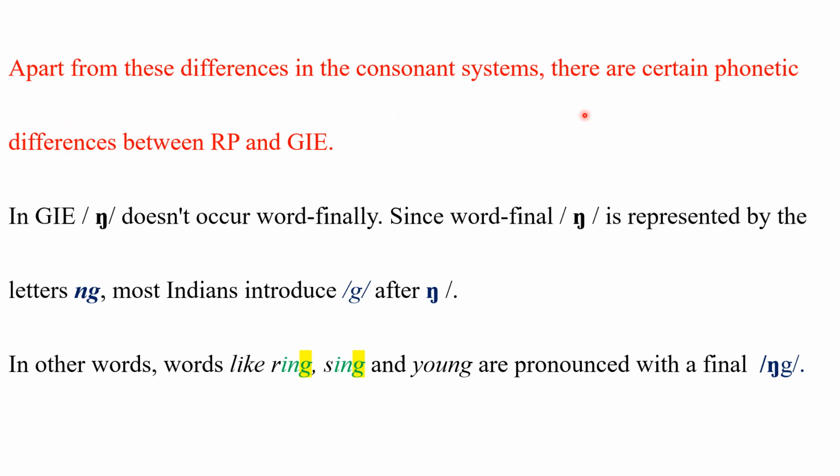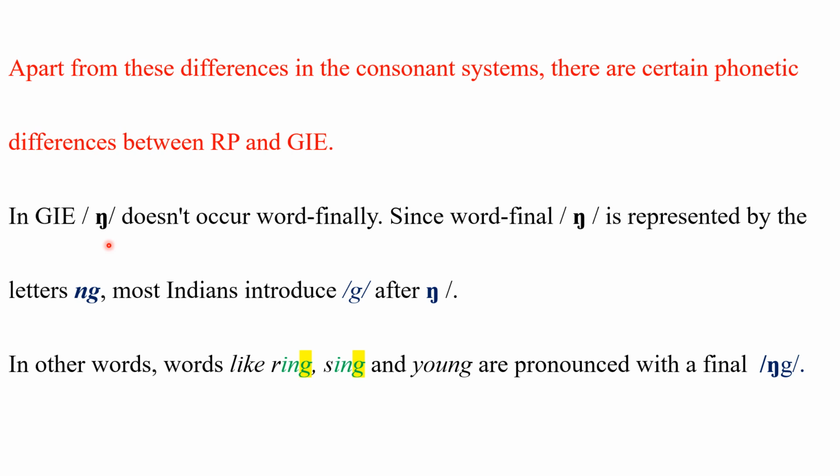So let's see. There are some phonetic differences between RP and GIE. In GIE, this sound doesn't occur finally. This is a nasal sound. So nasal sounds, what are nasal sounds? There is complete oral closure in the mouth. The air escapes through the nose.